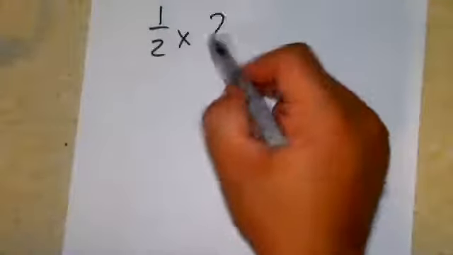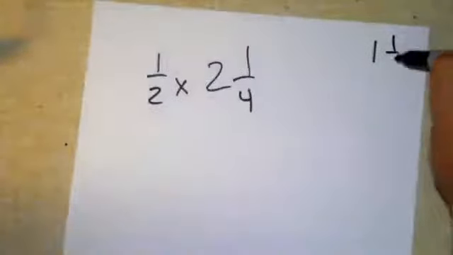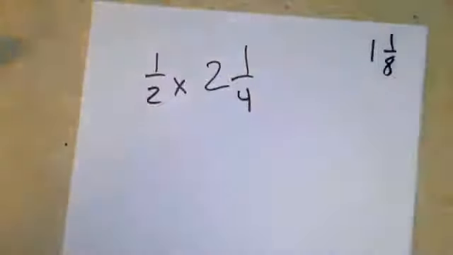So let's look at another way. 1/2 times 2 and 1/4. So we still know the answer is going to be 1 1/8. We have proven that by using our standard method of converting to improper, multiplying across, and then finding our mixed number.